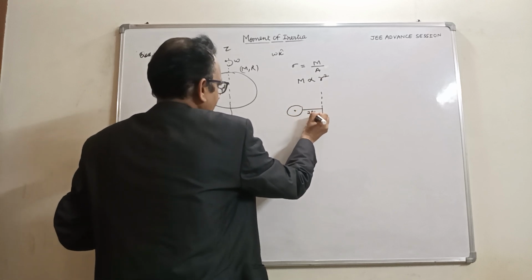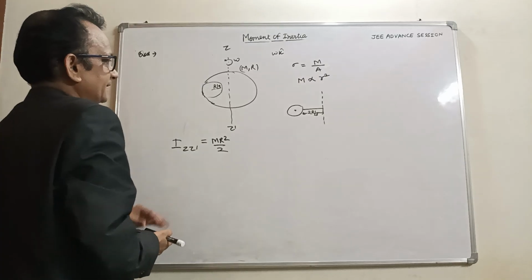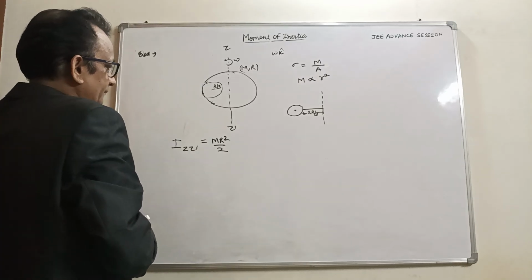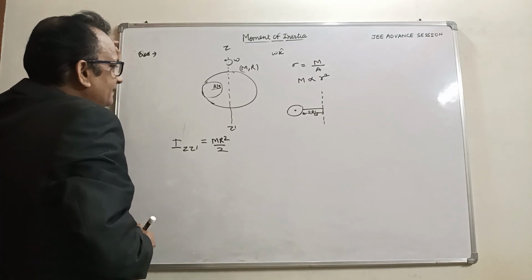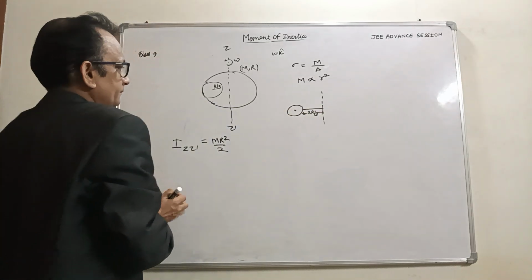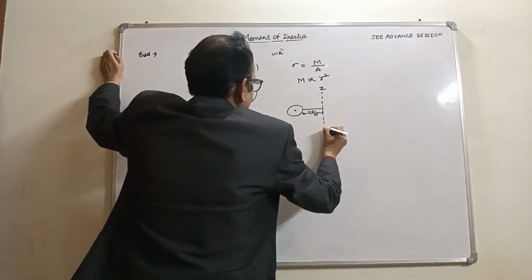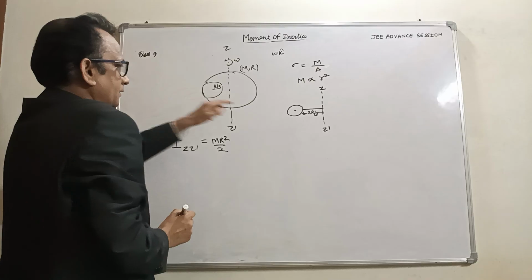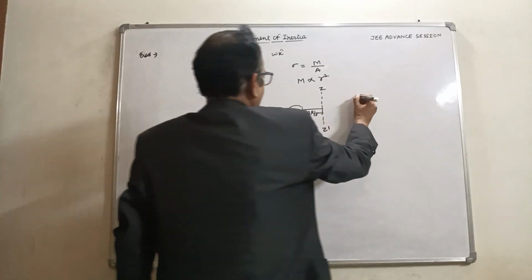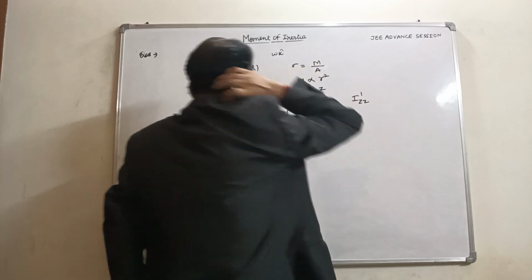So this distance becomes 4r by 3. This distance becomes 2r by 3, r minus r by 3. So this is the z axis. So remove disk I z z. Suppose this is I dash.